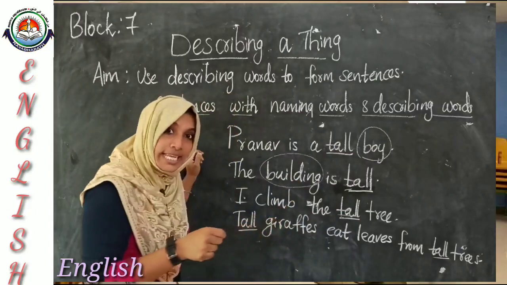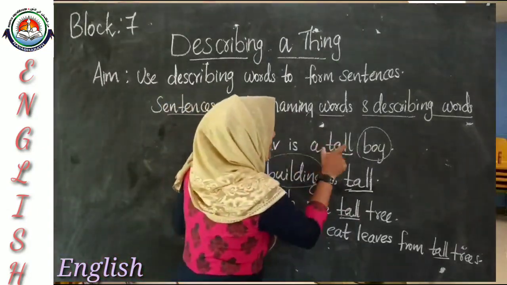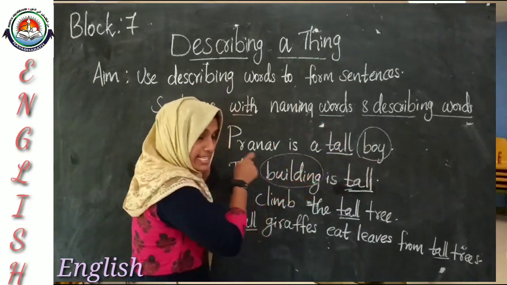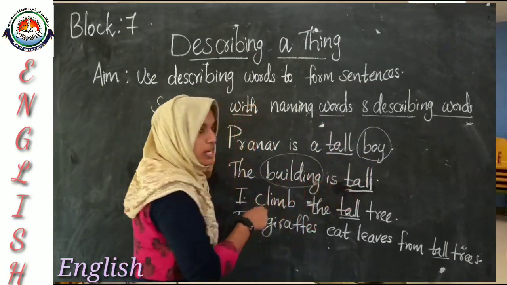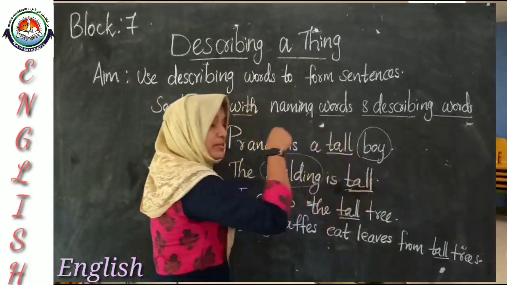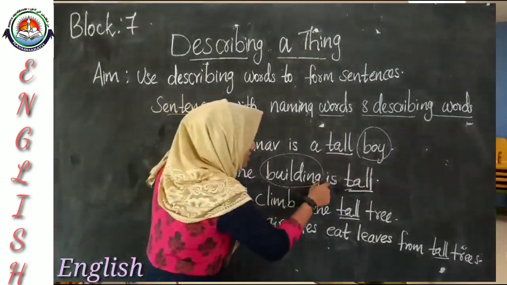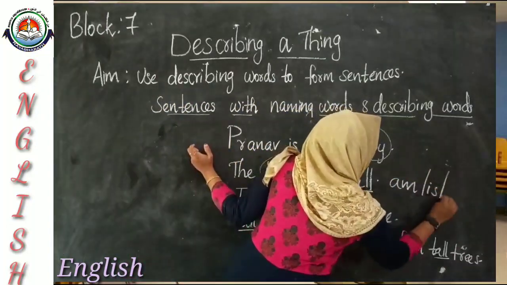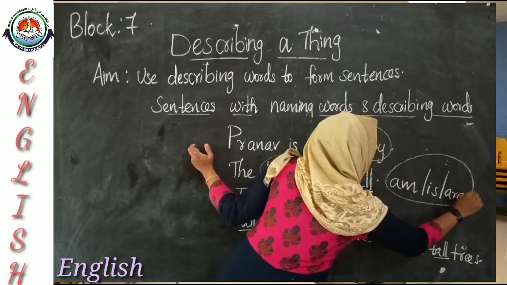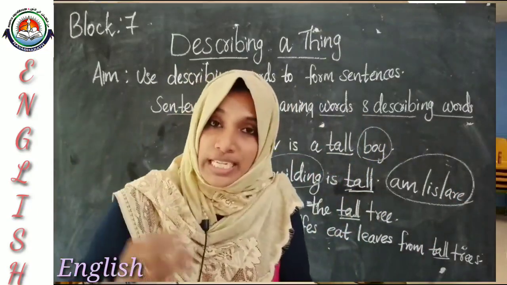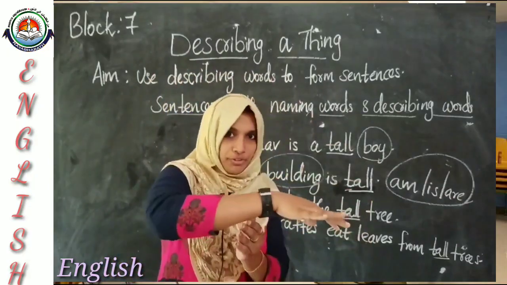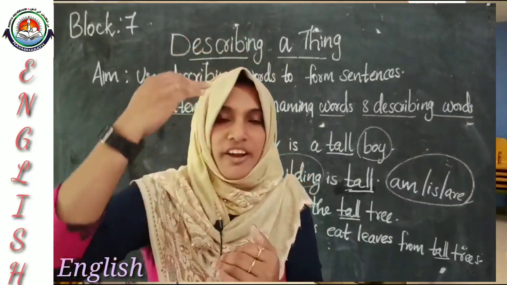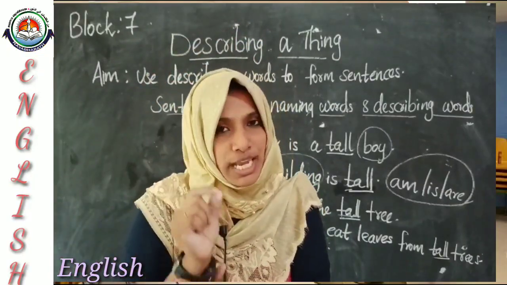This boy is a naming word, a noun, and we use this tall before this naming word. And look at the second sentence, the building is tall. Where is the position of the describing word here? It is after this is. So after am, is or are we also use describing words. And at last, after completing the sentence, we have to put a full stop.